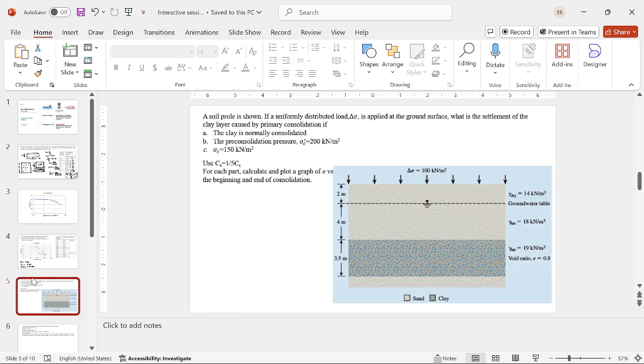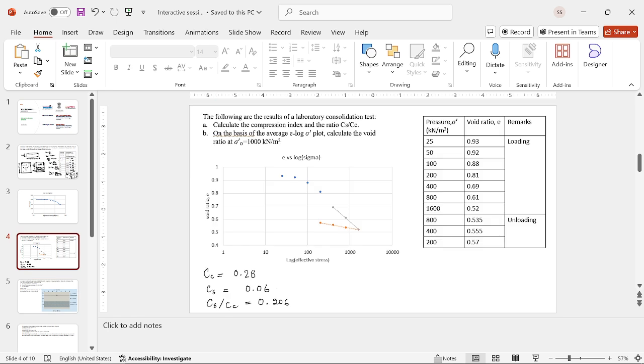Now let's look at the, okay, I forgot this part. On the basis of this average e log sigma plot, calculate the void ratio at sigma naught equals 1000. So we know the Cc.